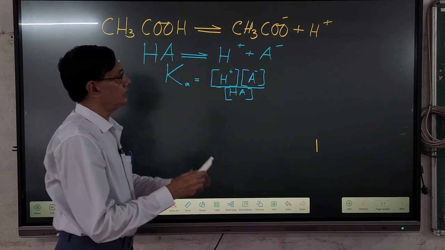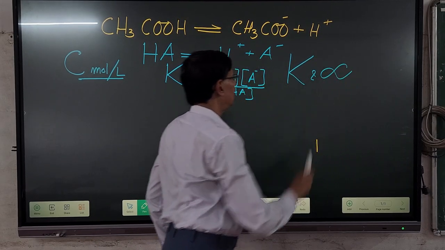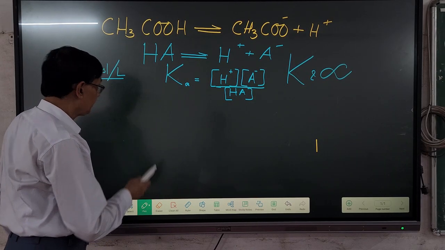So it is a relationship between the K and alpha. So that is very important. Alpha is degree of dissociation.